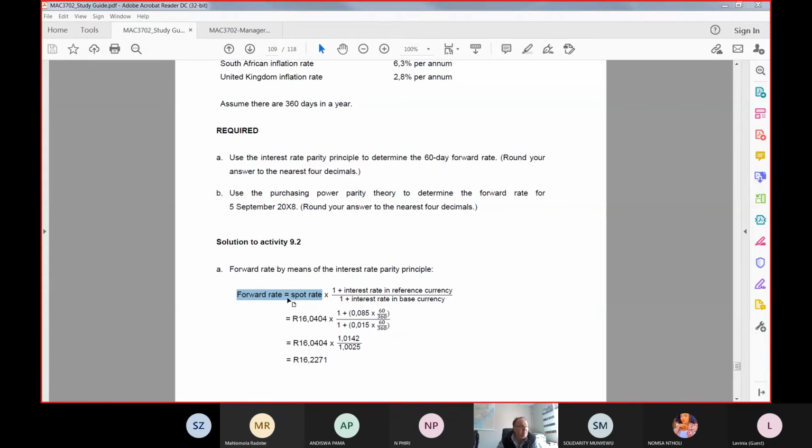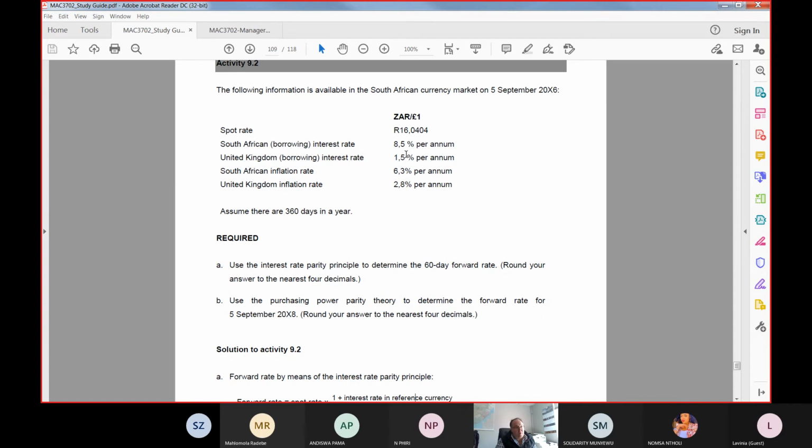The formula for the forward exchange rate is the spot rate multiplied by 1 plus the interest rate of the reference currency over 1 plus the interest rate of the base currency. Just remember, the base currency is the foreign currency. The reference currency is the currency in South Africa. Why do we call it reference? Because it's the one we are working with, 16.04. If that was a US one, that would have been the reference rate.